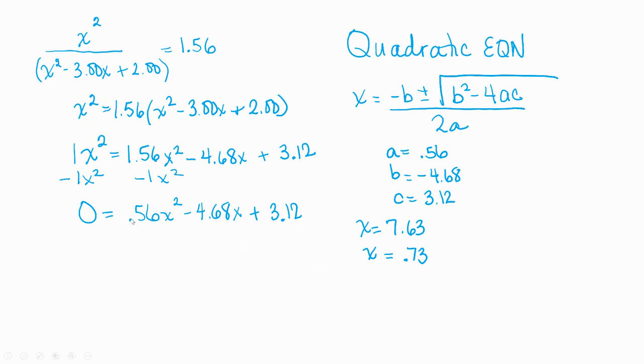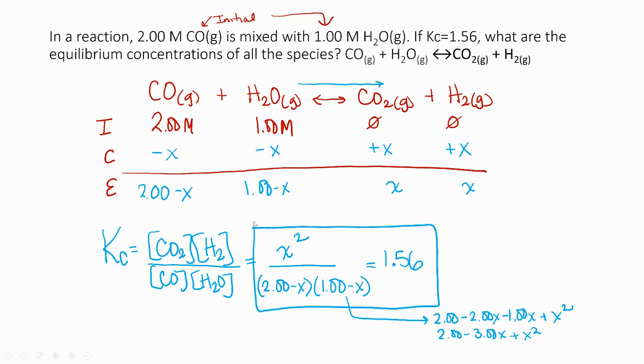Let me make sure that I wrote everything correctly. Okay, so let's come back here. My roots were 7.63 and 0.73. Only one of them makes sense based on the chemistry.